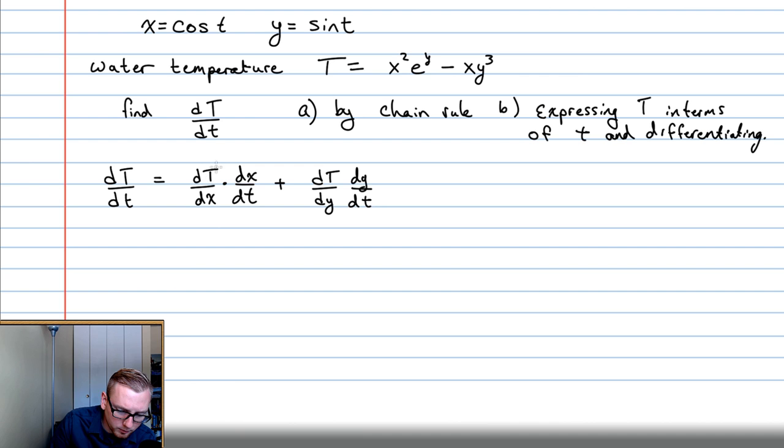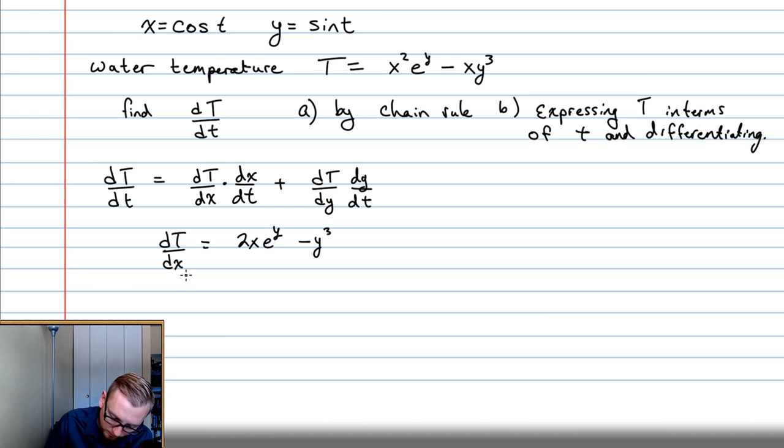Well, what's the derivative of T with respect to x? So dT/dx is, well, we've got e to the y, that would be like a constant. We'd have 2x e to the y, and then minus y cubed, because the derivative of x is just 1.